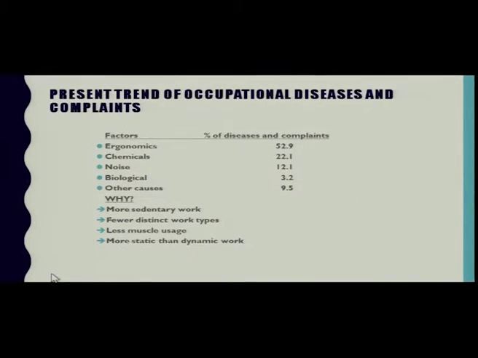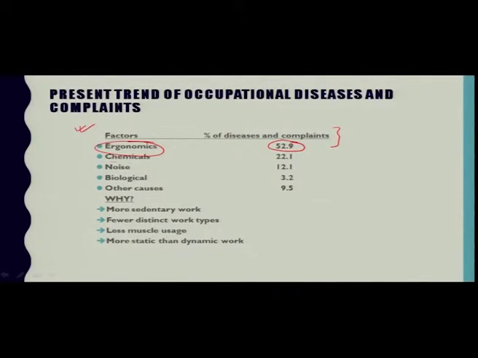Why is ergonomics important? Because if you observe the facts given in this particular slide, you will come to know that due to inadequate attention given towards human factors, a lot of diseases and complaints have emerged in the system. This is the present trend of occupational diseases and complaints, where ergonomic factors have the maximum percentage of diseases and complaints.